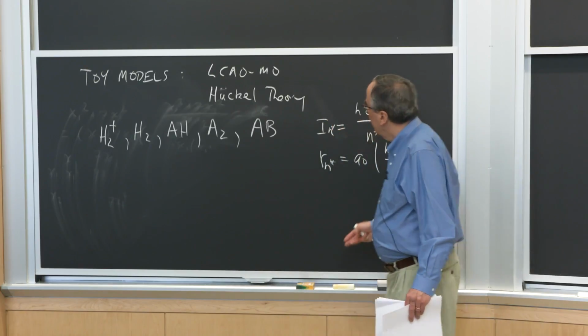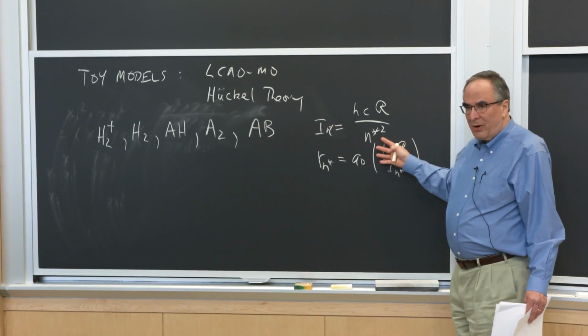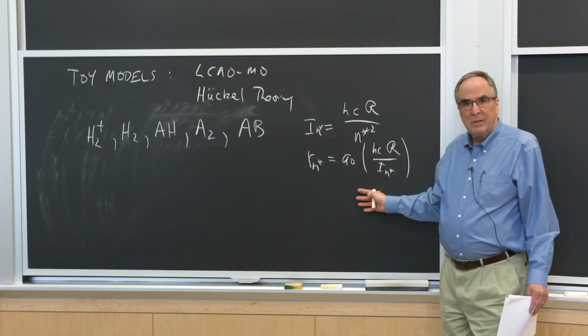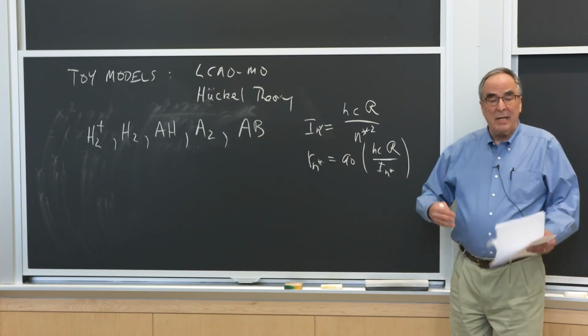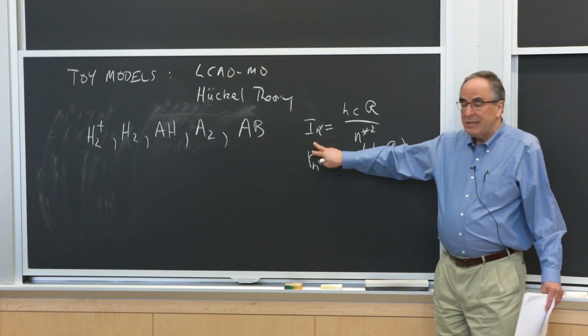And the important thing is that everything in LCAO-MO for diatomics is based on the periodic table. And the periodic table tells you about the ionization energies, the periodicities of ionization energies.